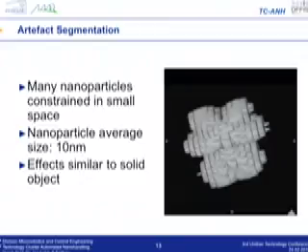In this case, this is a segmentation of an artifact of an agglomerate. We took a ferrofluid with 10 nanometer size particles and put it inside. It's constrained to a very small space. And we found out that, at least under certain circumstances, this group of very many nanoparticles is behaving in the same way as a solid particle.